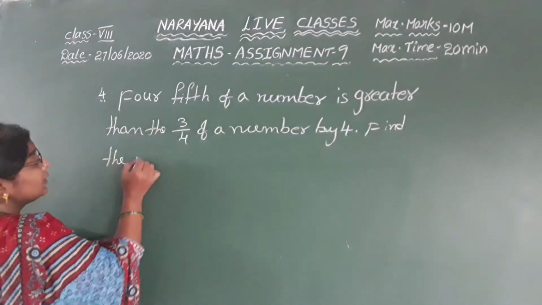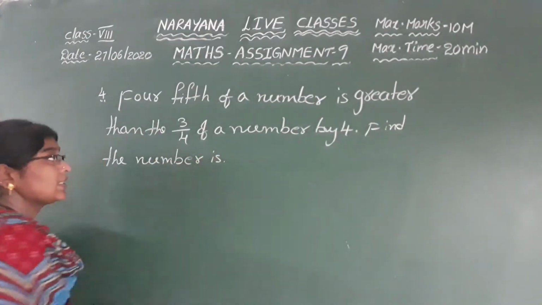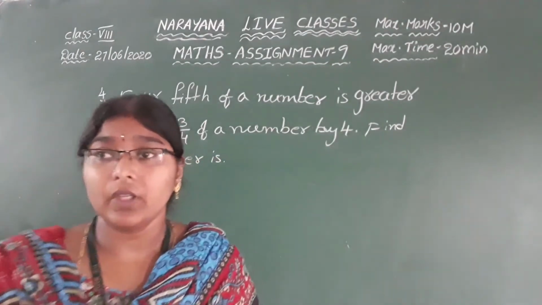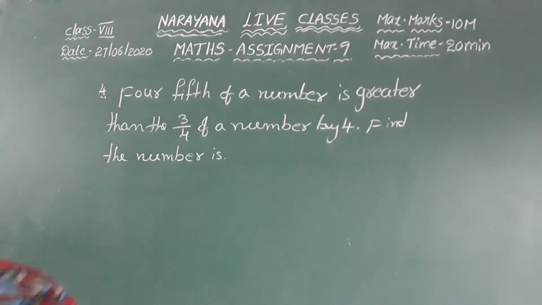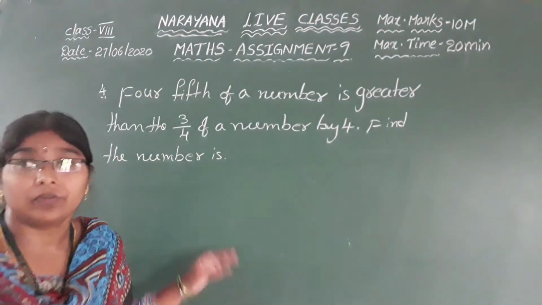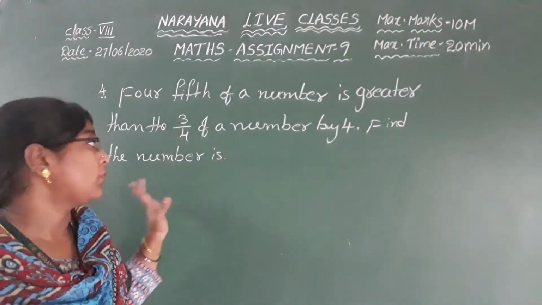Find the number. Here, 4/5 of a number is greater than the 3/4 of a number by 4. Find the number.